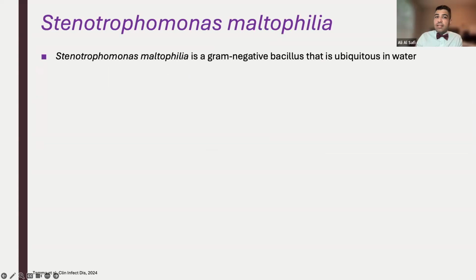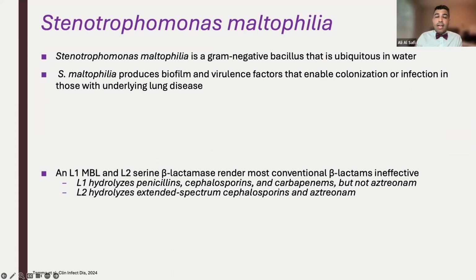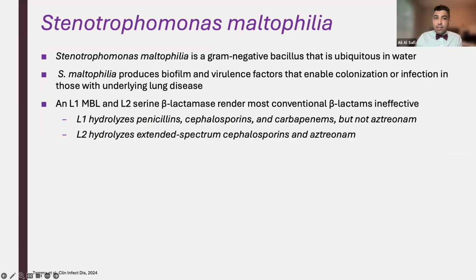Stenotrophomonas is another gram-negative bacteria that's mostly found in water. It produces biofilm and virulence factors that enable colonization or infection in those with underlying lung disease, especially cystic fibrosis patients. It has a lot of enzymes, and these enzymes act on certain antibiotics to make them useless, like penicillins, cephalosporins, carbapenems, or even aztreonam.